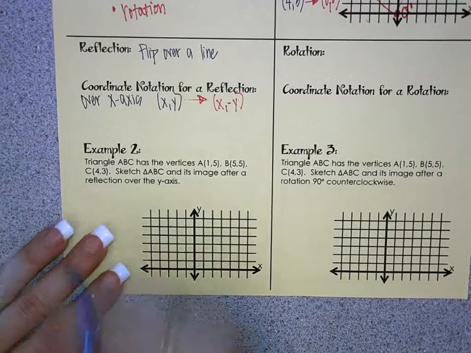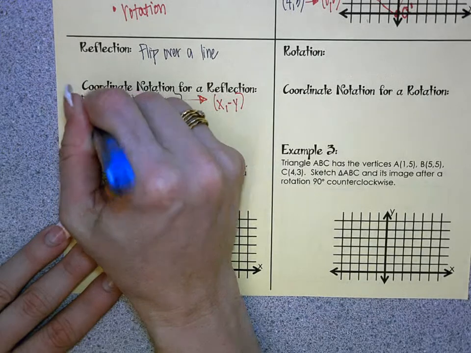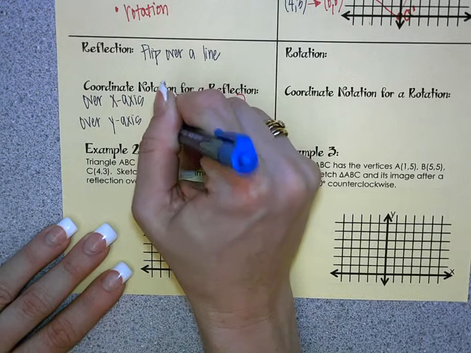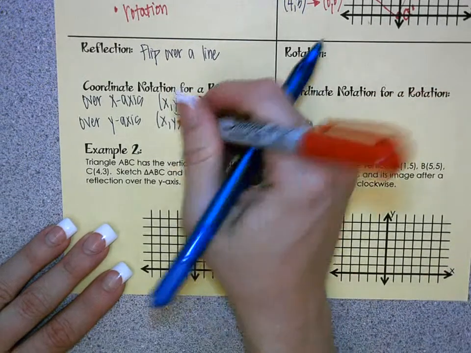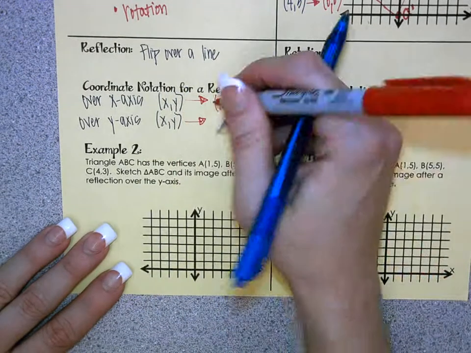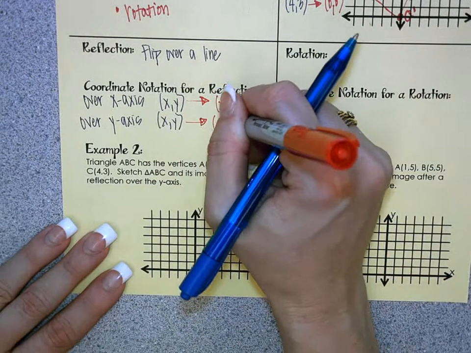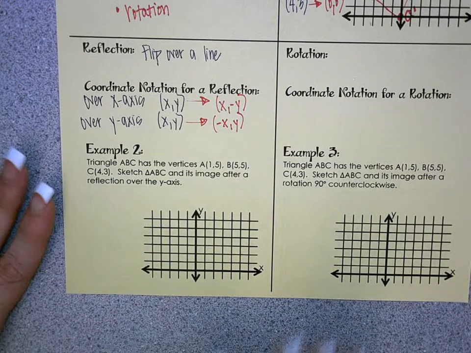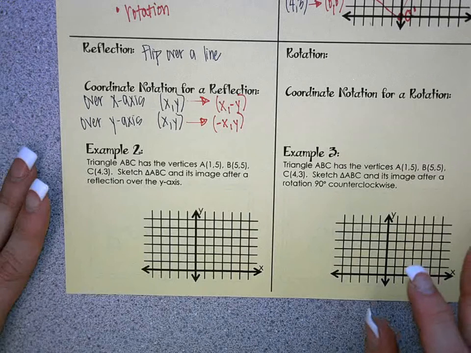If you are flipping something over the y-axis, your notation will go from x comma y, and it will become negative x comma y. Okay, so you'll see what this means in just a little bit once we put in some numbers.